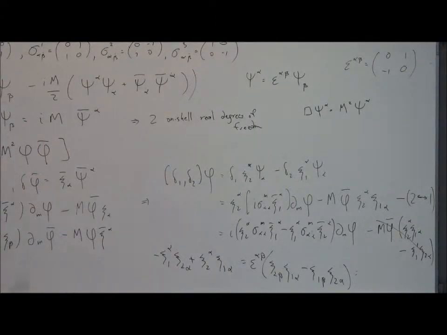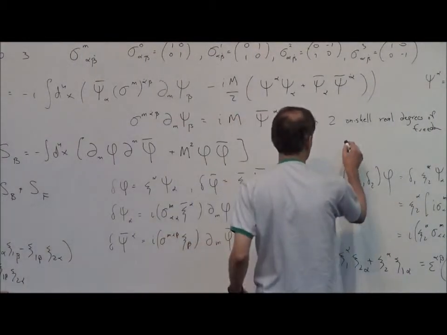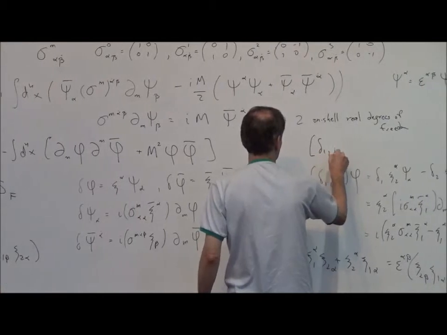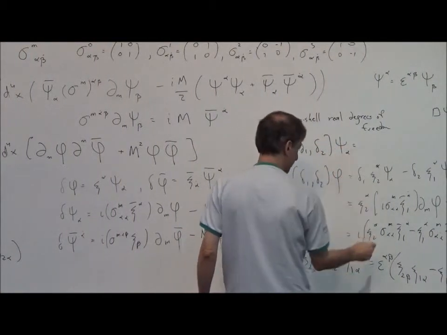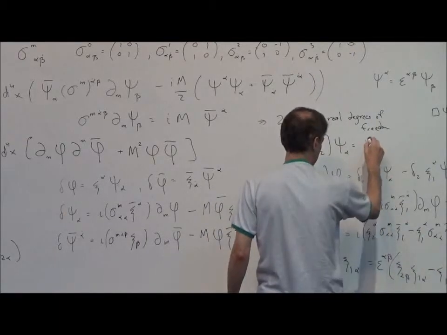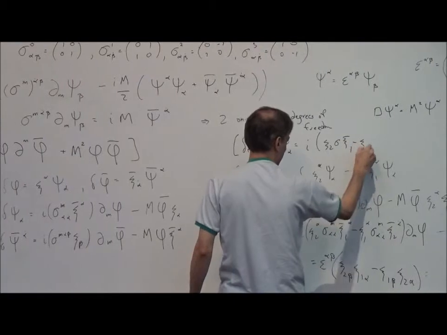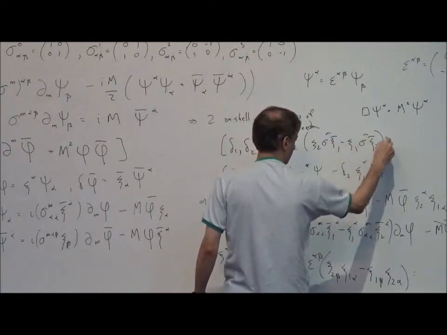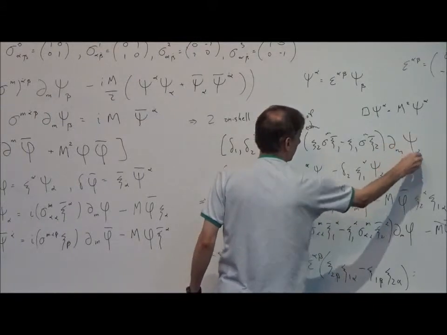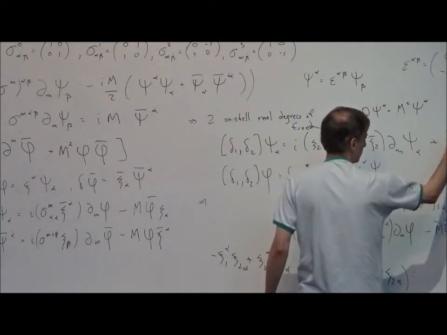Acting on phi bar is essentially the same computation. When you act on psi, you find that it's not quite 0, but it's equal to this thing here, i d m psi alpha, that's the term we want, plus a term which vanishes using equations of motion.